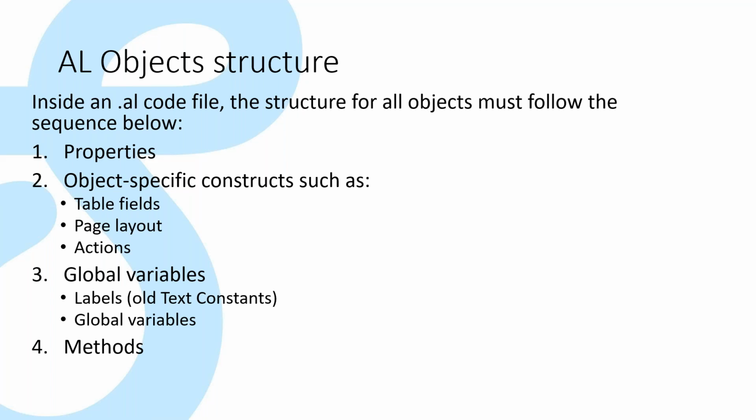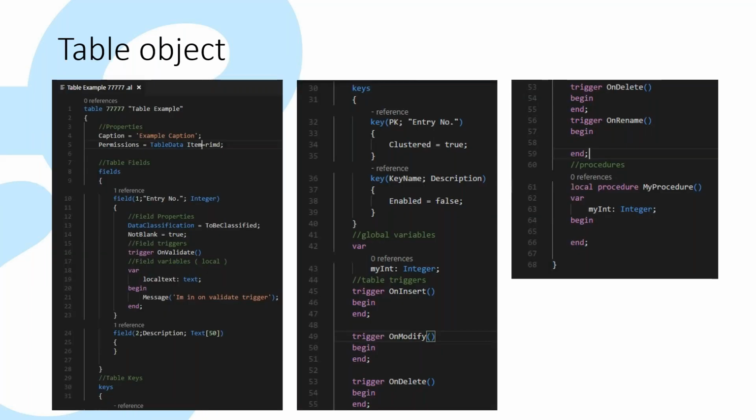If we look at an example of a table object in AL language, we can see that first of all we have the keyword table. It means that we have a table object here, the ID of that table and the table name. And then, like I said, the structure follows the same. It's properties on the top. We have the table properties.